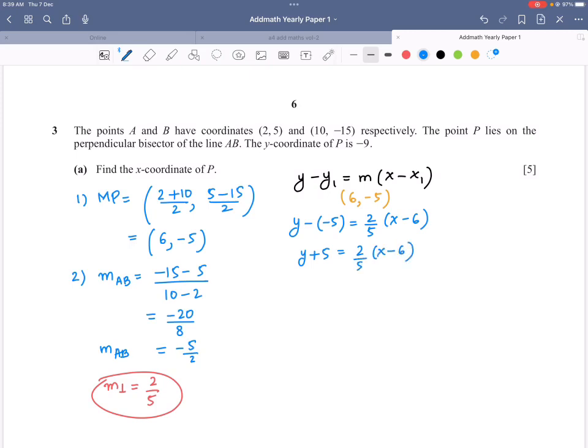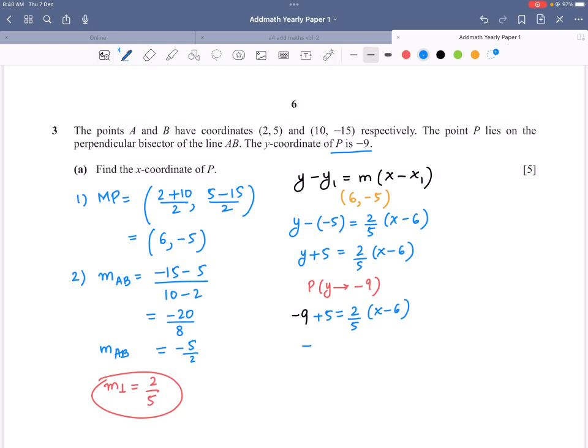After that, it says the y coordinate of P is minus 9. So we're going to plug the value of P's y, minus 9, into the equation. So instead of y, it's minus 9 plus 5 equals 2 over 5 times x minus 6.